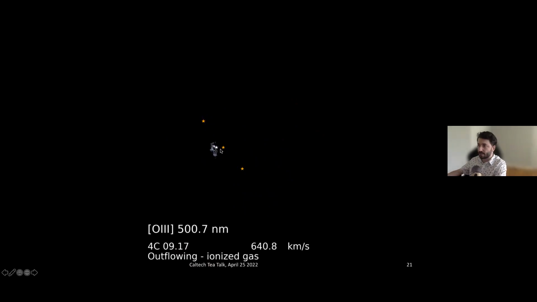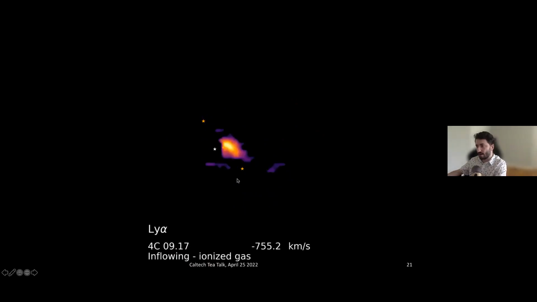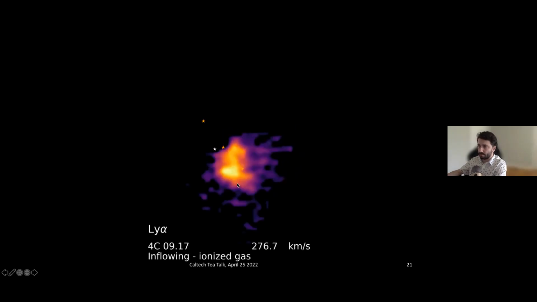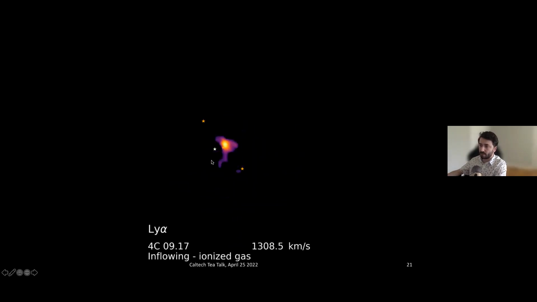And again, the stars here represent those 3 galaxies that are part of the group, and then the white star represents the location of the quasar. And so again, I'll just wait for it to finish here, but it shows the multi-phase nature of the gas in this particular system, both from inflowing and outflowing gas. And yeah, so it's a complicated system.